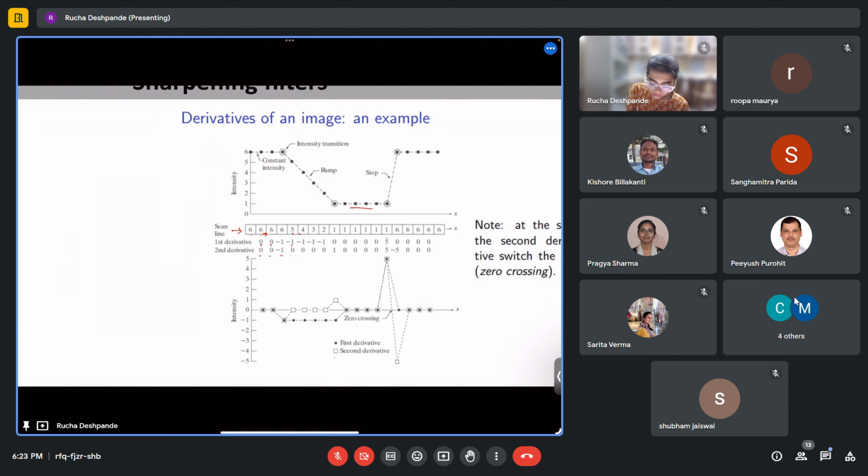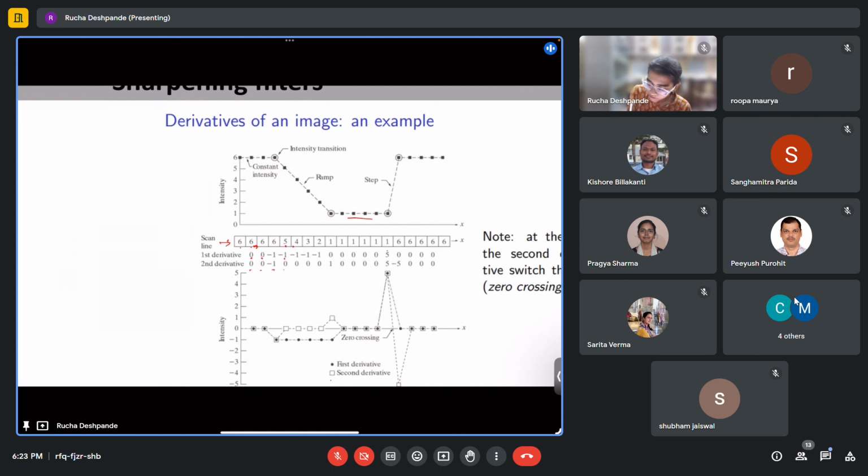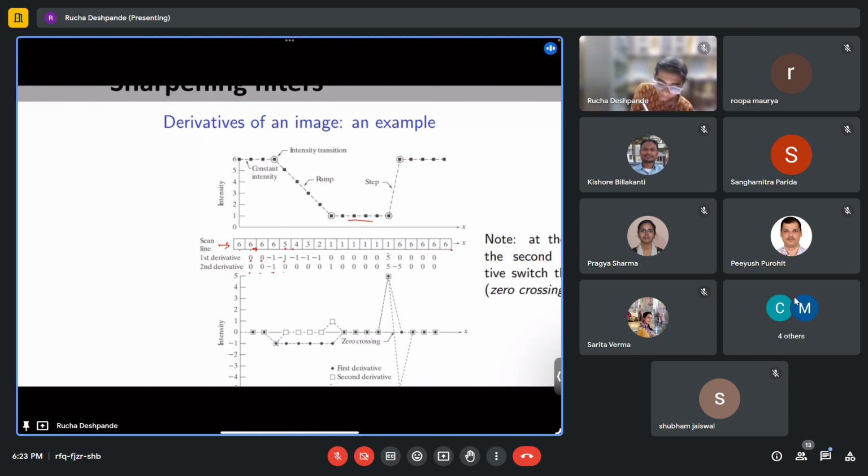This is the data from the original image, the scan line, right? These are the DN values. Here we calculate the first derivative based on how the DN values are changing, and then we calculate the second derivative based on how the first derivative is changing.